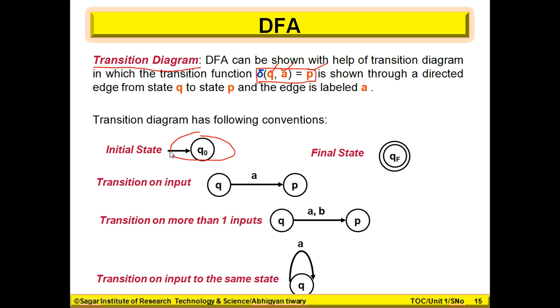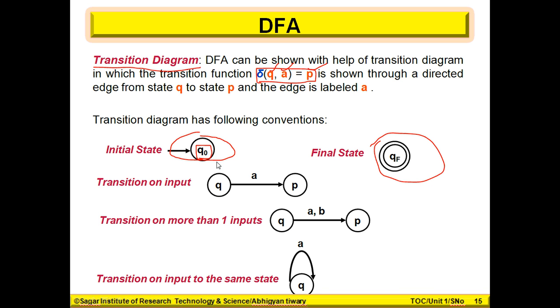For the final state we'll have two circles. Q0 is the name of a state; you can write anything you want, but this is the notation we are going to use.